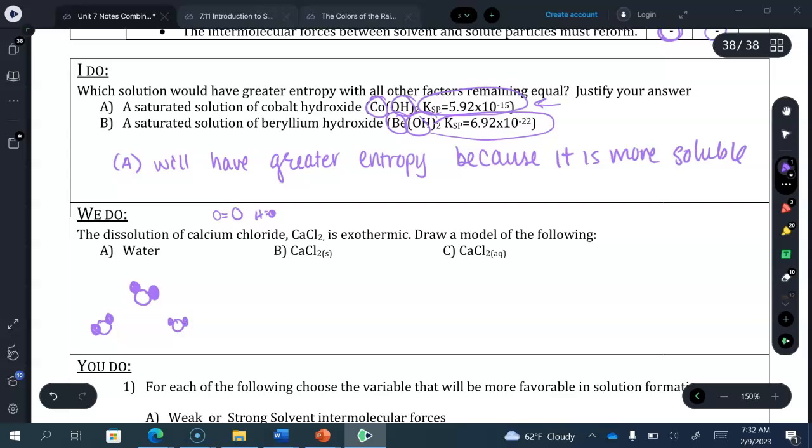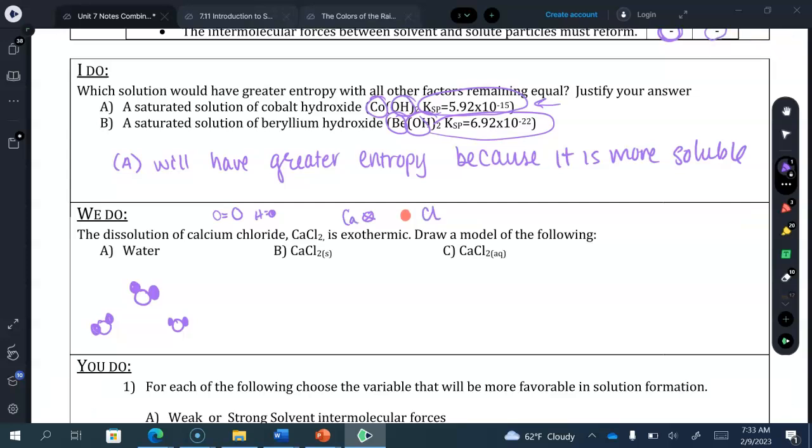Okay, and then if we draw calcium, we could draw calcium as an X and chlorine's going to be red. Okay, so there's chlorine and calcium, so this is calcium and this is chlorine.